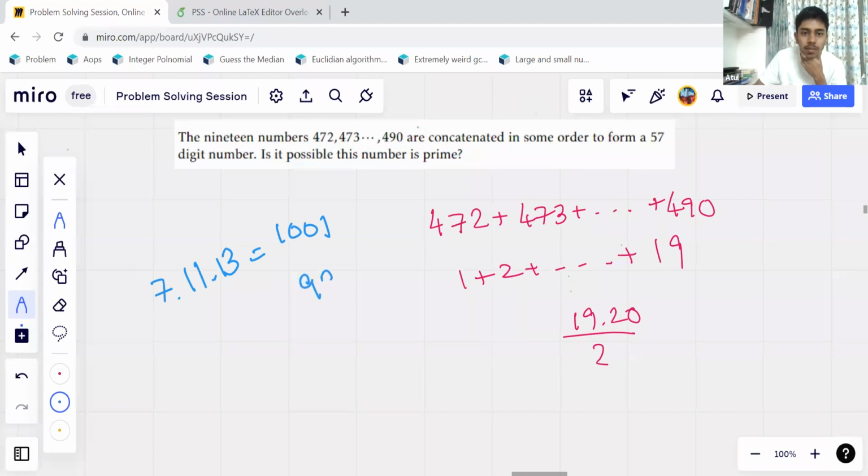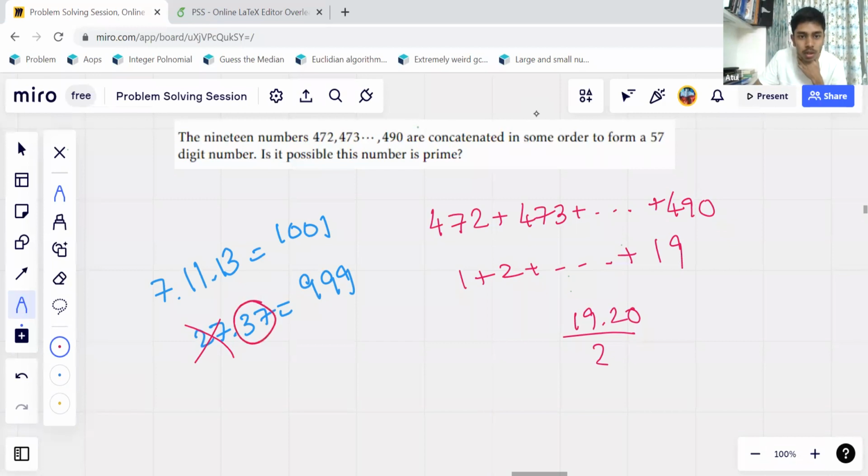It'll be nicer if we took some factor of 999, 9 into 111. Is 111 divisible by 3? Yes. So 27 into 37. Okay, so we know that 3 does not help.